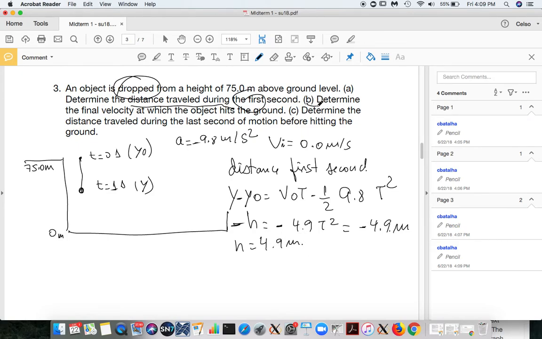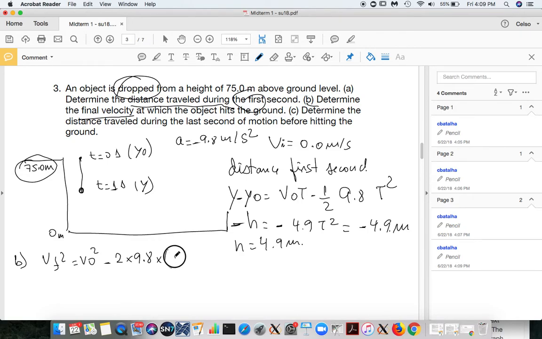So the final velocity at which the object hits the ground. The object goes down 75 meters. We have the acceleration, so we can perhaps get by with the kinematic equation. V final squared, that's what we want to solve for. We want to solve for final velocity, right? So final velocity squared is equal to initial velocity squared minus 2 times 9.8, acceleration is negative, times final position minus initial position.